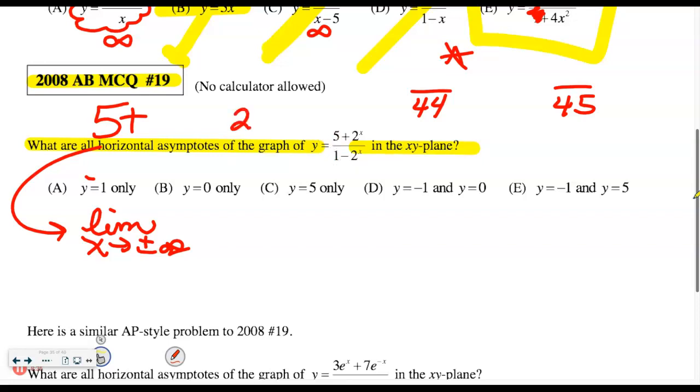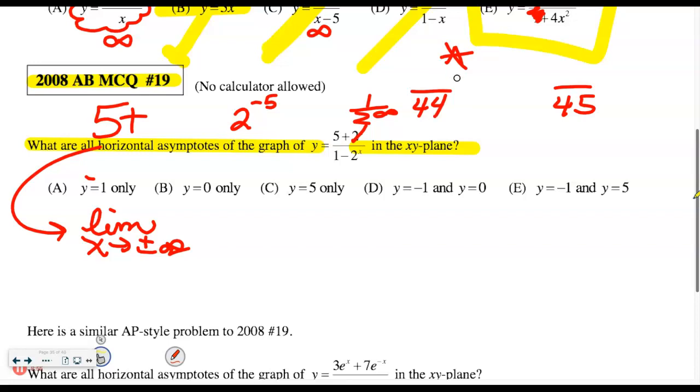What is 2 to the -5th? 1 over 2 to the 5th, correct? What's 2 to the -99th? 1 over 2 to the 99th. What's 2 to the negative infinity? Basically 1 over 2 to the infinity. Infinity really shouldn't be treated as a number, but I'm doing multiple choice, so I get to be sloppy, right?